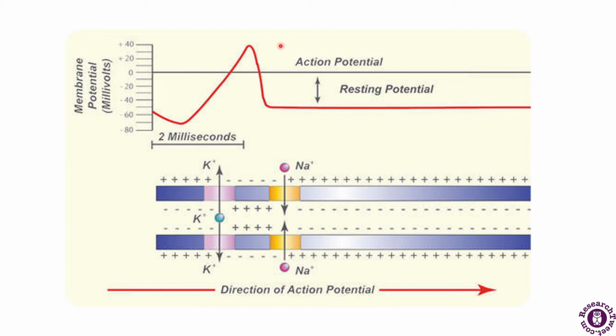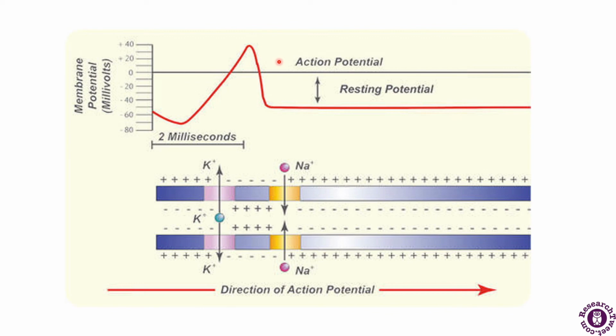The first channels to open are the sodium ion channels, which allow sodium ions to enter the cell. The resulting increase in positive charge inside the cell starts the action potential, and this is called the depolarization of the membrane. Then potassium ion channels open, allowing potassium ions to flow out of the cell, which ends the action potential.